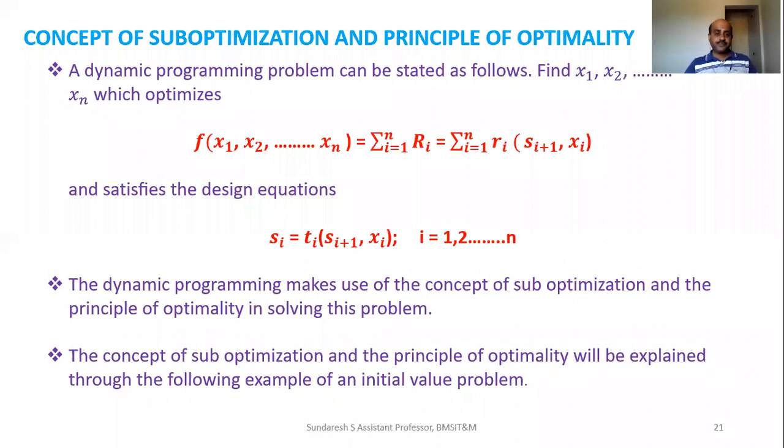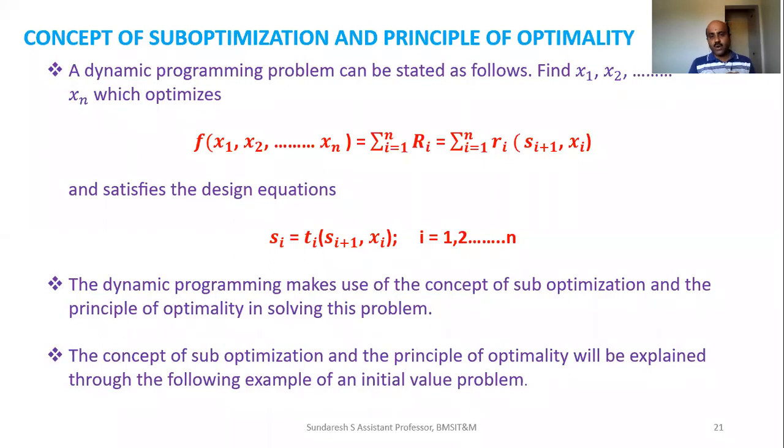Next comes the concept of sub-optimization and the principle of optimality. Till now, we have discussed what a multi-stage decision problem is, how we can convert a non-serial system into a serial system, and the different types of multi-stage decision problems. But these are all preliminary things before we use the concept of dynamic programming.